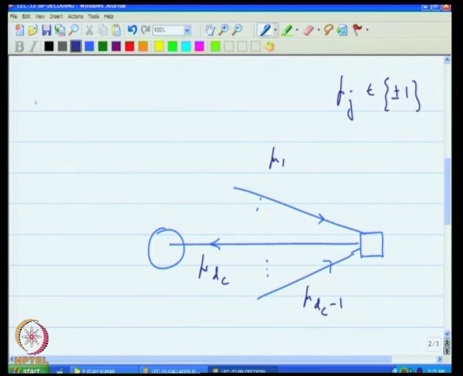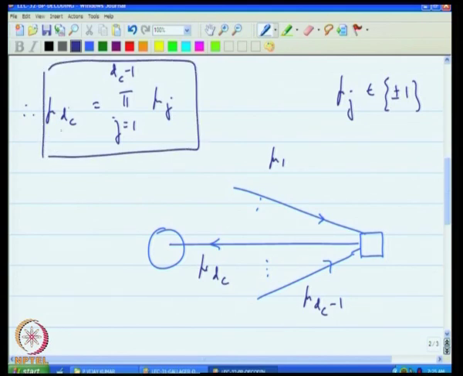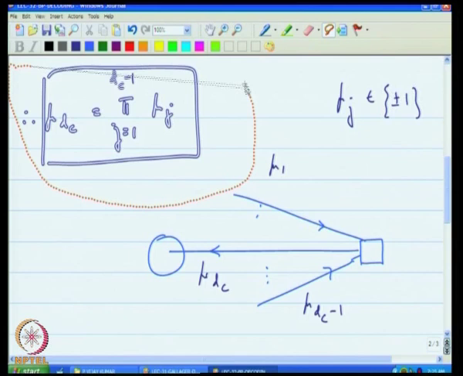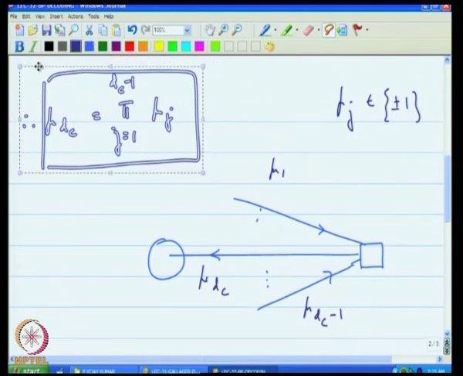So, what that means is that mu dc is the product over j equal to 1 to dc minus 1 of mu j. All right, and I want to carry this over to the next page. So, let us copy that.